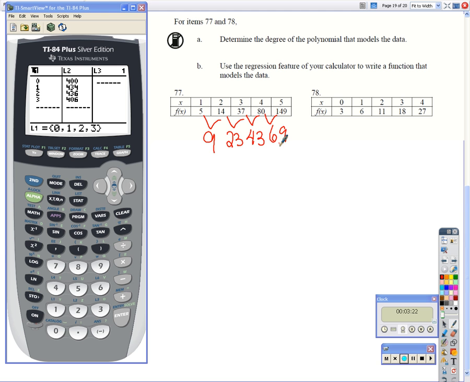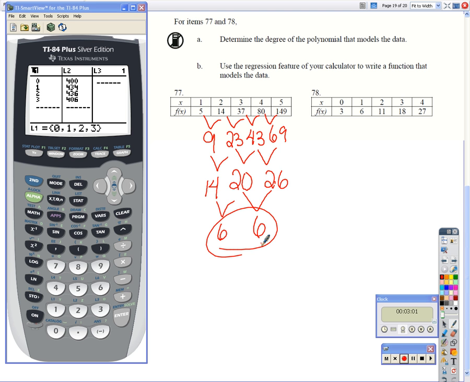Okay, so I'm going to subtract again. 23 minus 9 is 14. 43 minus 23. 69 minus 43. Okay, we're going to go one more time. 20 minus 14 is 6. 26 minus 20 is 6. So now we're at a constant here. And that happens on the third level. So I say that the degree is going to be 3.